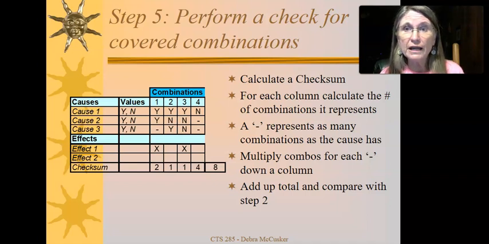So if we can add up that checksum data and obtain the number of original columns, that should give us some assurance that we did not make any gaffes or errors along the way.